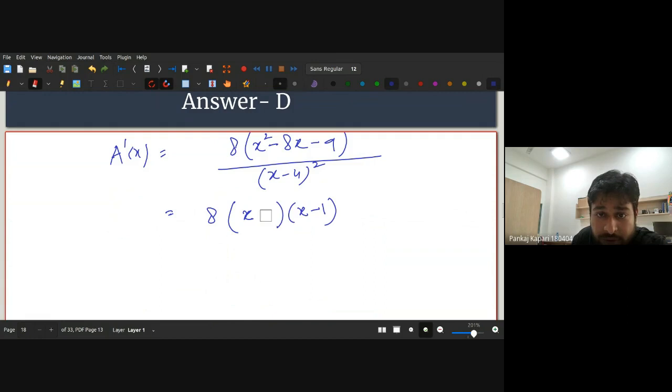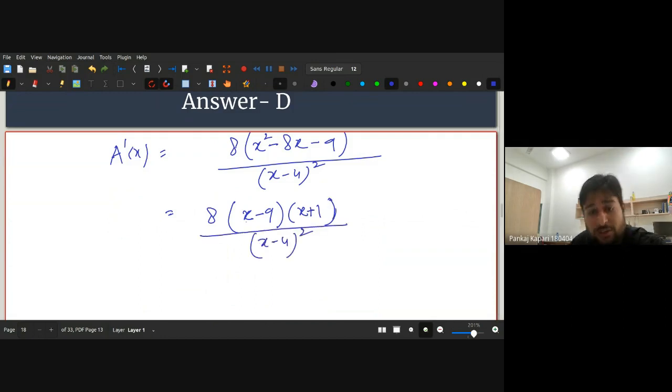Okay, so x minus 9 and x plus 1. Okay, so this must be the factorization. If you take the product, you will get x square minus 9x and plus x. That will give you minus 8x and then minus 9. Okay, so this is the factorization.